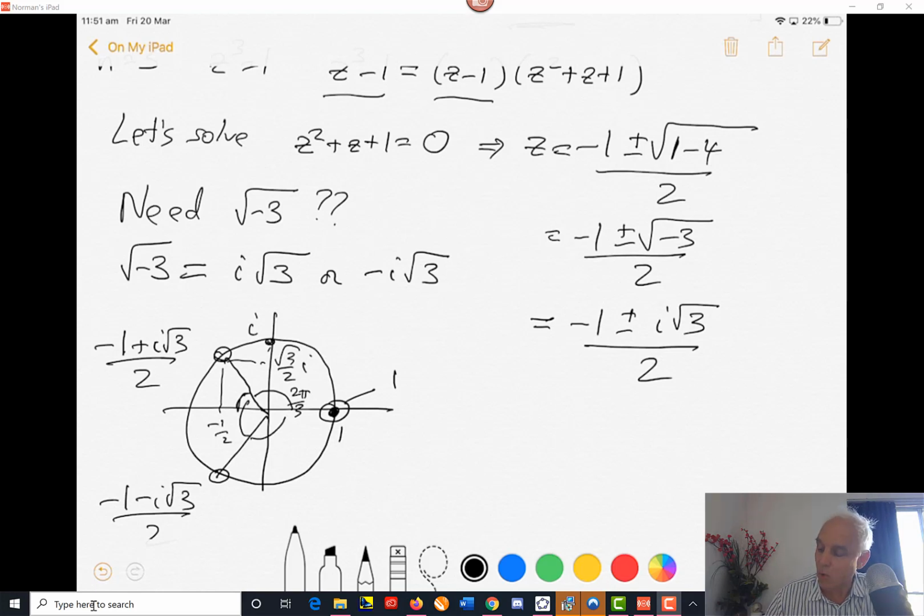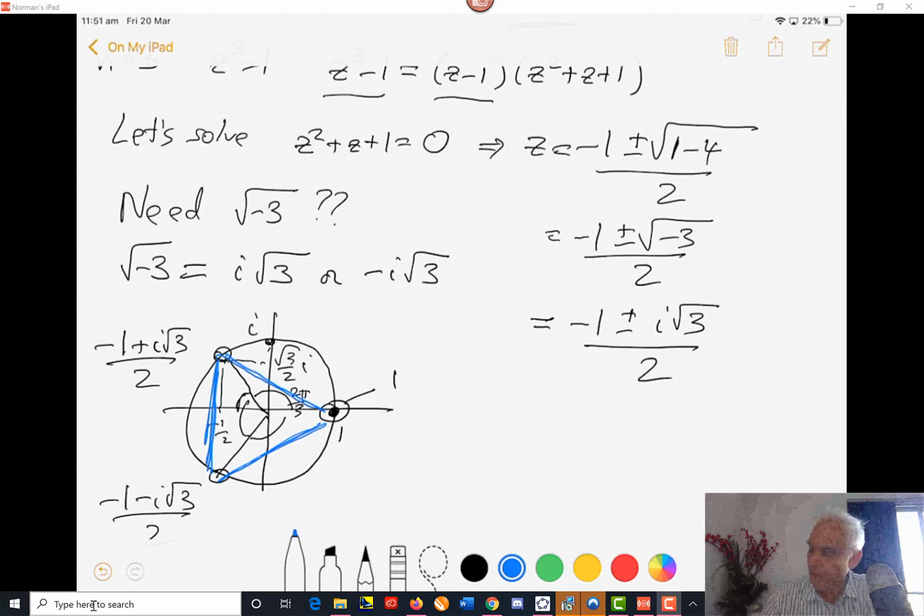In other words, these 3 points that we have make a nice equilateral triangle, which is embedded in this circle. Okay, so finding the 3 third roots of unity is essentially geometrically the same as finding this equilateral triangle in the unit circle where one of the vertices is 1.